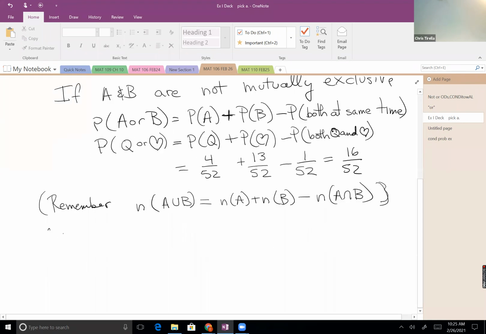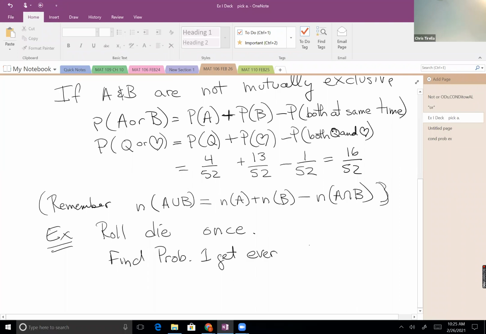So let's say, for example, I roll a die once. I want to find the probability I get an even number or a number less than 4.